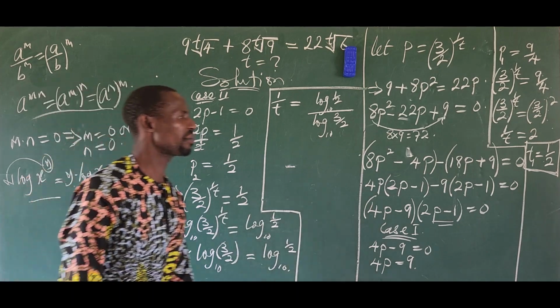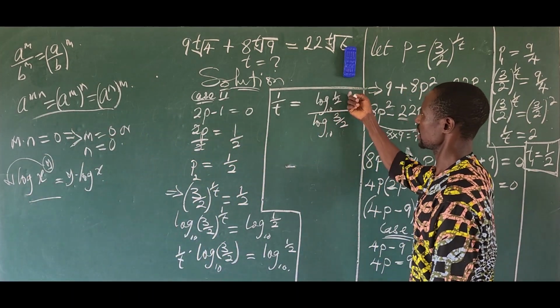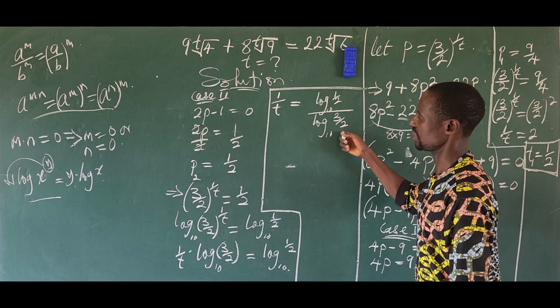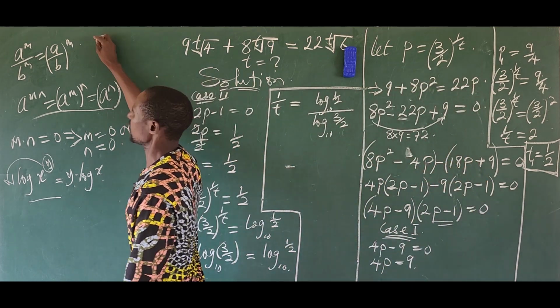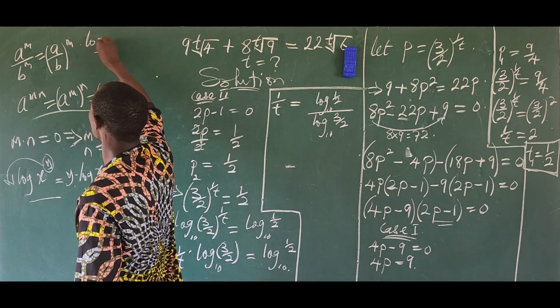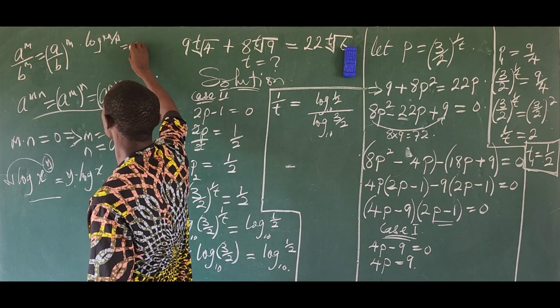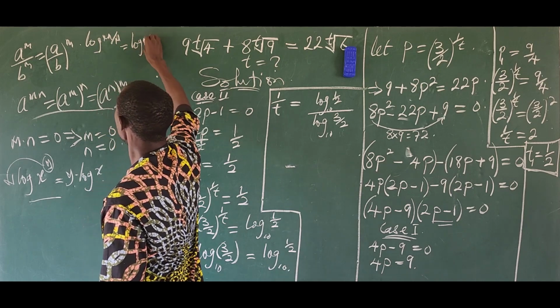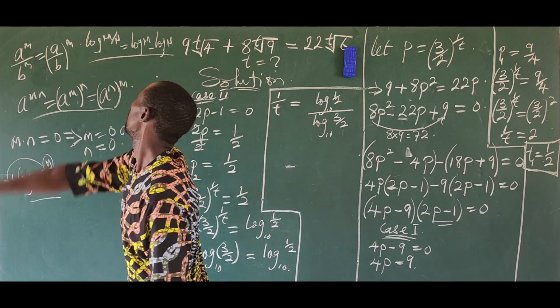Since this is division, we apply the division law of logarithm, which says that log of m over n is equal to log m minus log n.